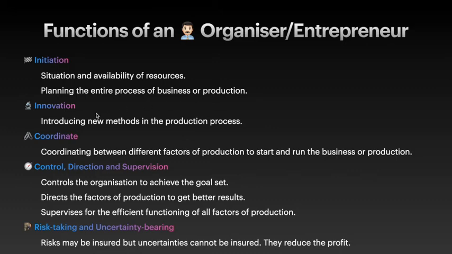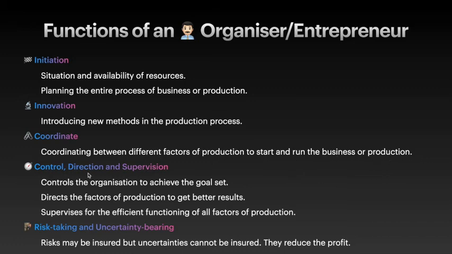The second one is innovation. He introduces new methods in the production process. The third function of an organizer or an entrepreneur is to coordinate between different factors of production to start and run the business or production.